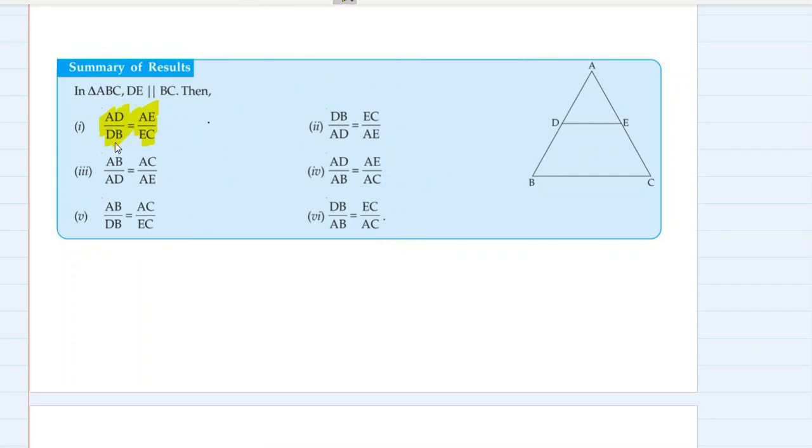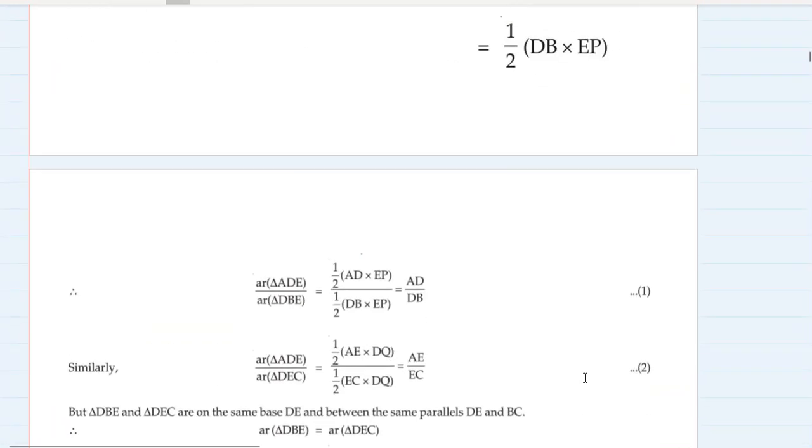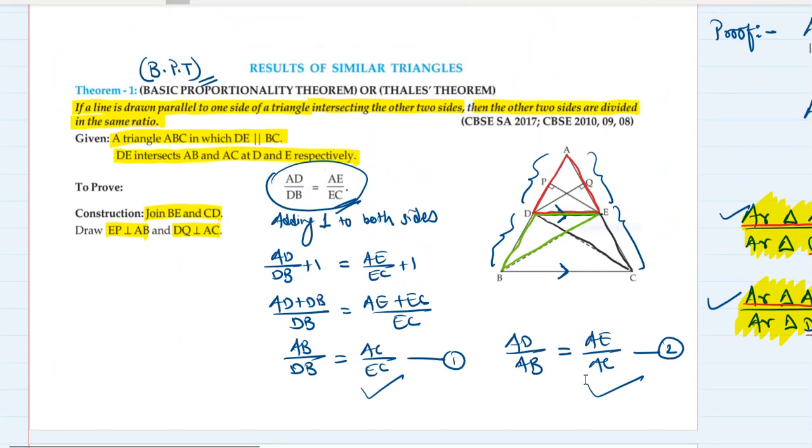So the first BPT is of course important. Then the second one you should remember is AD upon AB is equal to AE upon EC, and the third one which you remember is AB upon DB is equal to AC upon EC. That's it. If you remember these three results, that is what we have discussed when I proved the theorem for you, that much is more than enough for you to solve any numerical based on BPT.